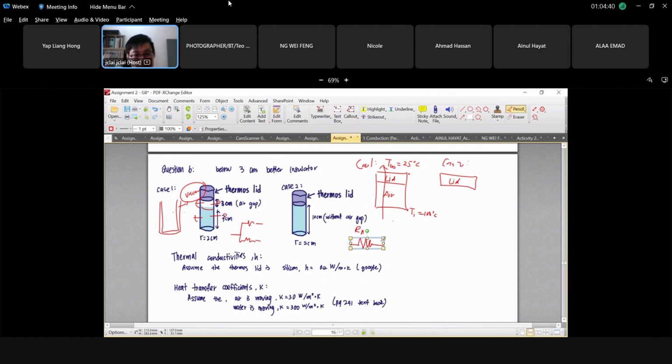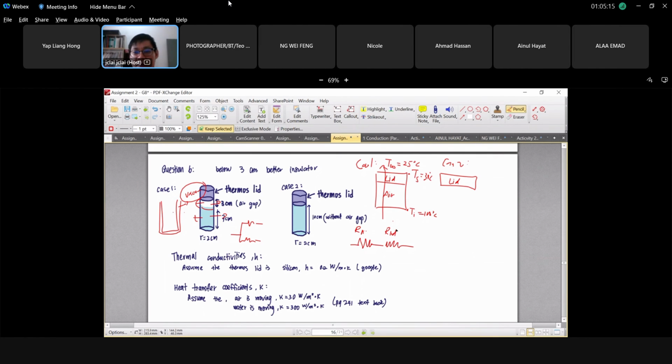Then second is what? Is the lid. Right, also through conduction. Then third, if we have the surface temperature, then you can assume T surface. To make your job even easier, let's say you put here slightly hotter, 30 degrees Celsius.